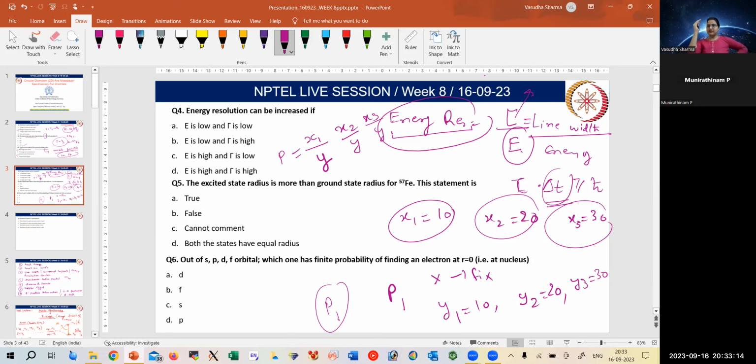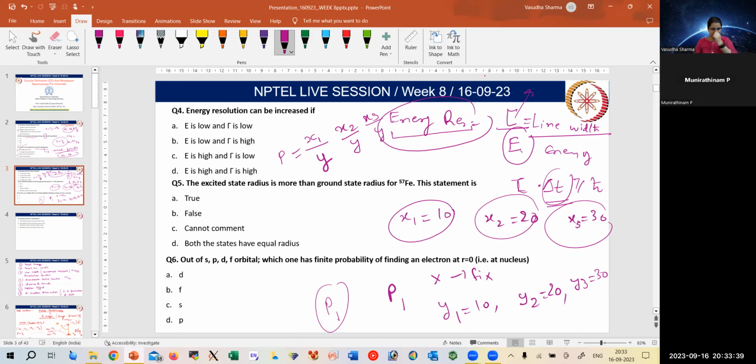If I have x by 10, x by 20, x by 30, x by 30 is 1 by 3 of the x by 10. So if your denominator is less, will you have more value or less value? More value. Yeah.